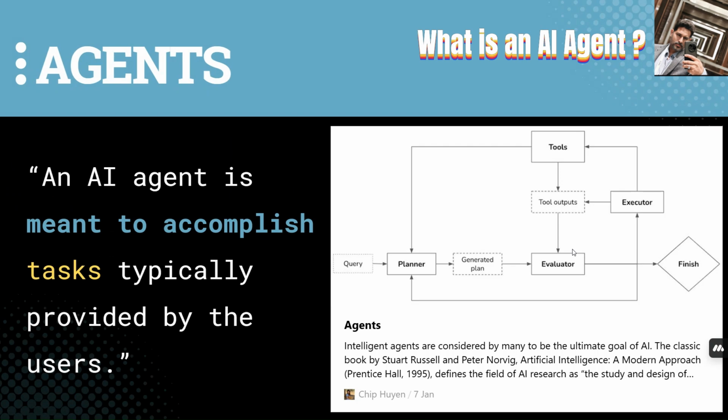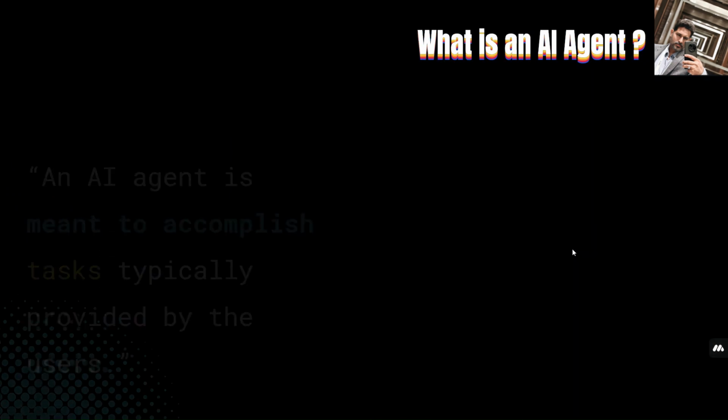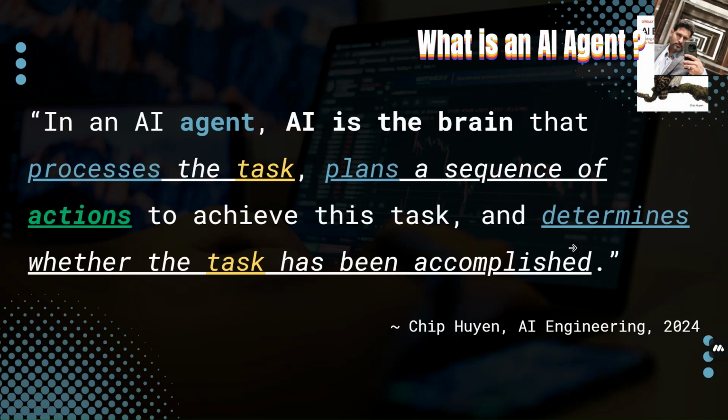The evaluator checks whether the task was successfully completed or not. Once validated, the process concludes. Think of agents as a brain. It processes a task, plans steps, and checks if the goals are achieved. So for an agent, the intelligence comes from how it thinks through to solve the task.